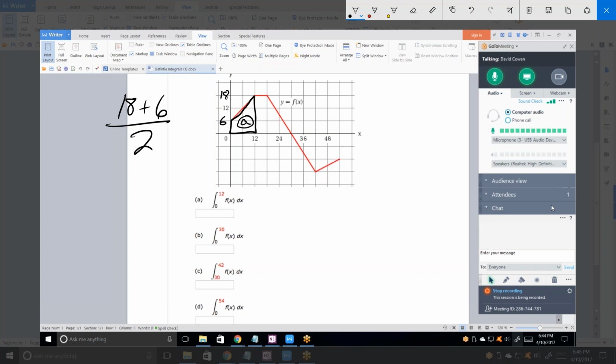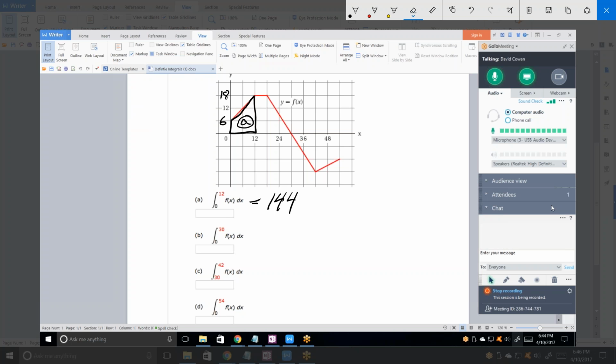So the thickness, which is 12, is really what you would normally call the height of a trapezoid. And that's 12 times 12, so that's 144. We don't need calculus for that. We can use geometry, which is what I used to figure the area of that trapezoid.